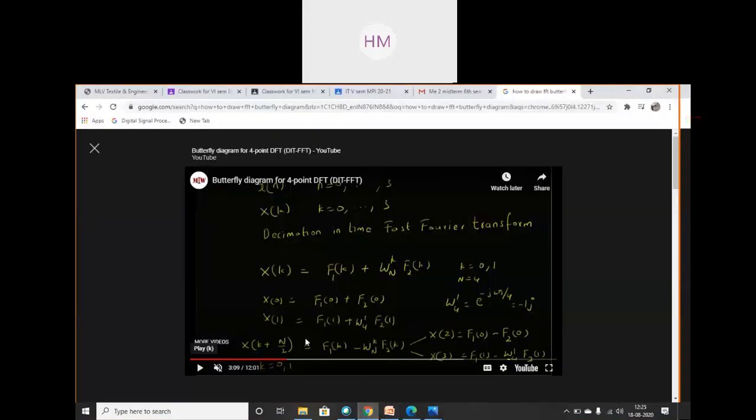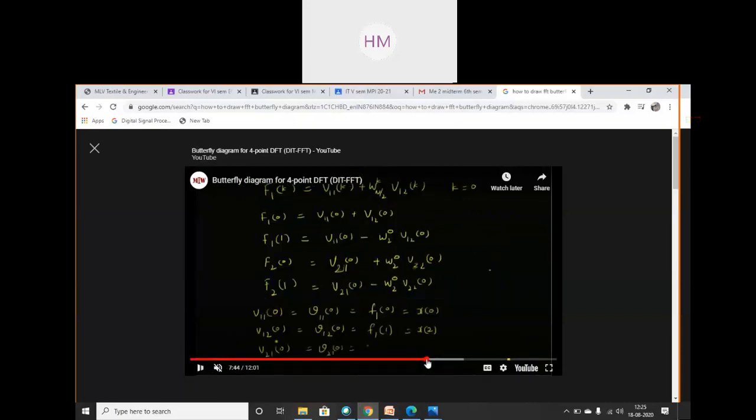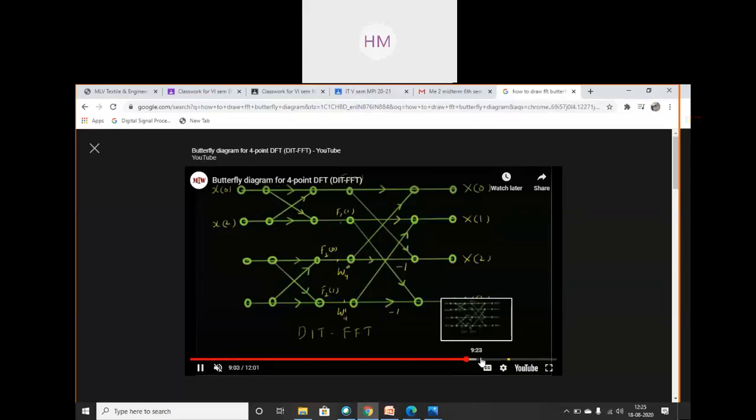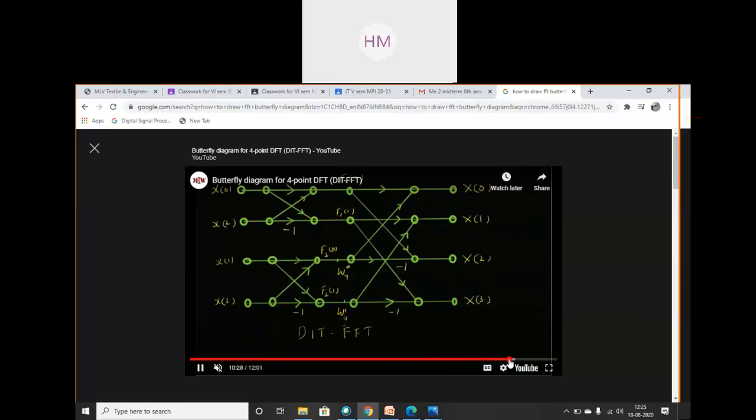One more thing, I will show you one more diagram. So see, this is the final diagram.